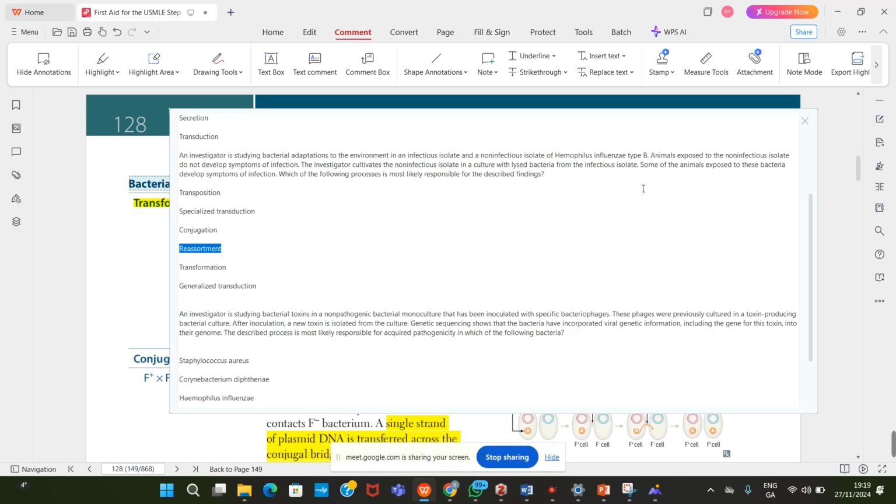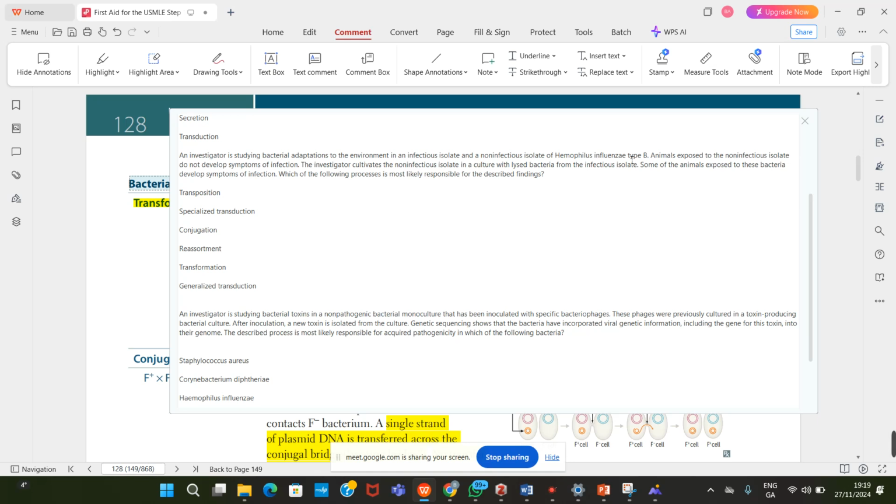So when we get to reassortment, I'm going to explain the principle, and there's no way we can be confused. What I'm just trying to explain initially, for some of us that don't understand it, is that an investigator is trying to study bacterial adaptation to an environment in an infectious isolate and non-infectious isolate of type B. So we have the form of type B influenza that can cause infection, and another form that cannot.